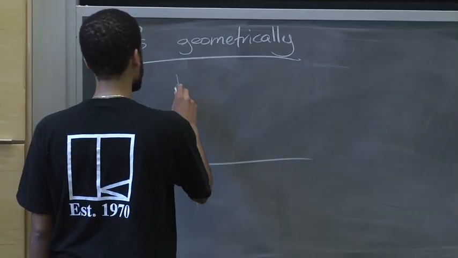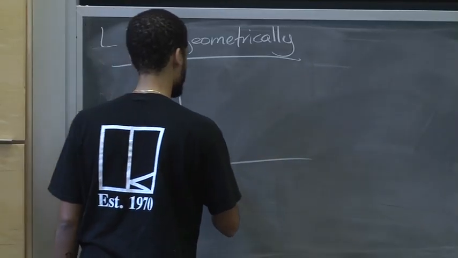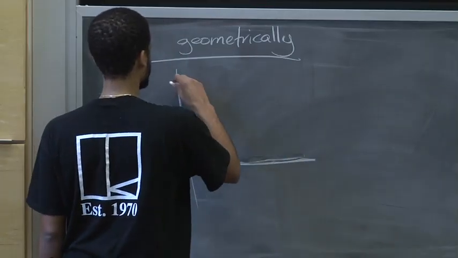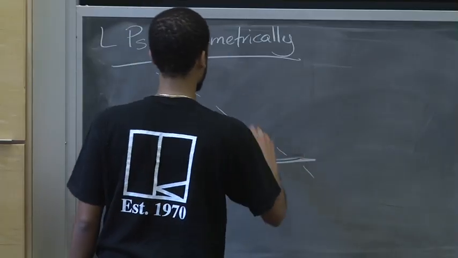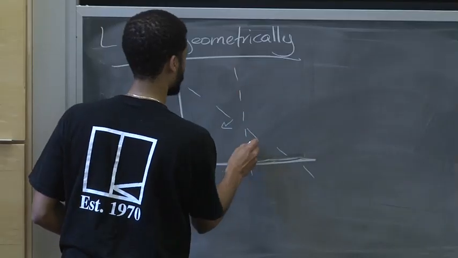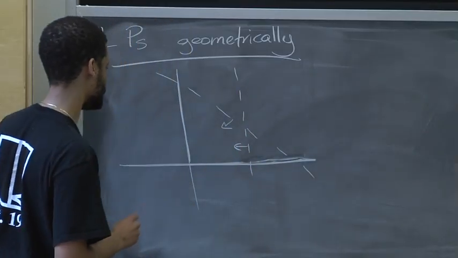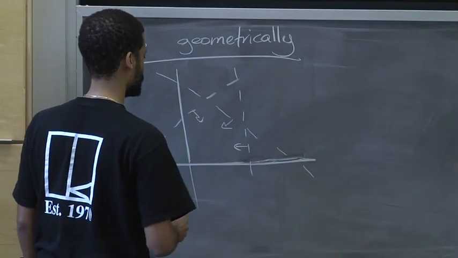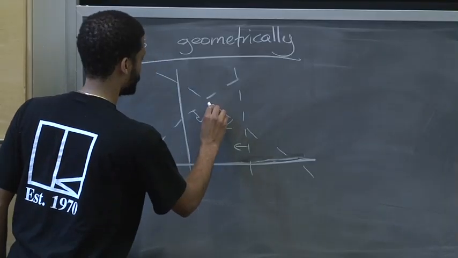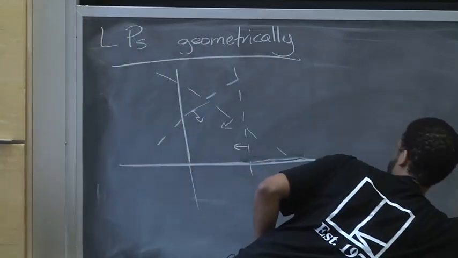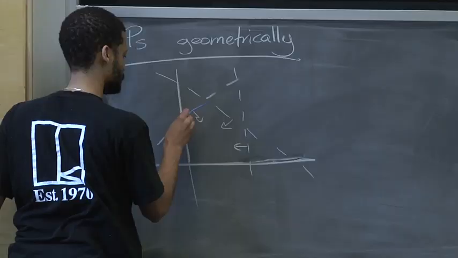So let's say we have these x greater than or equal to 0, y greater than or equal to 0 constraints. Then we have some other constraints as well. So one constraint might say you're on this side of the space. Another might say you're on this side of this. You're in this half space, etc. So at the end of the day, your feasible region is this polygon.